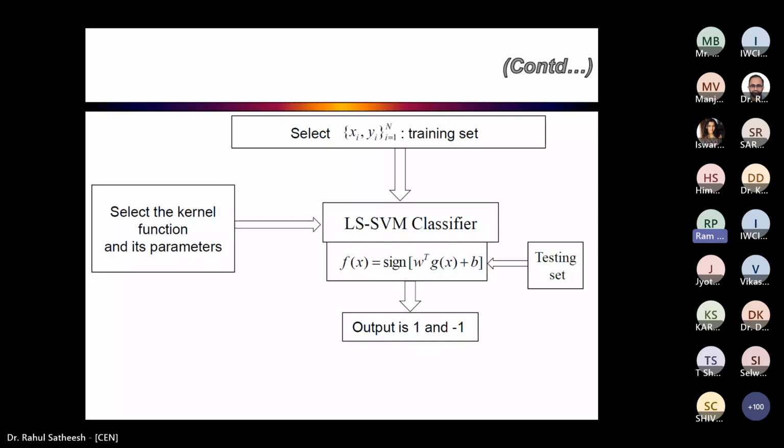Once you have trained the classifier, we use the remaining set of features for classification, for testing purposes. If the output is 1, it is one class, and if the output is -1, it is another class. In that way, this binary class classification problem can be solved. You can identify the classes using such a classification system, whether it is CGR or non-CGR.